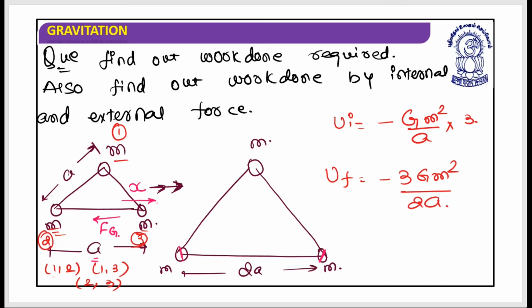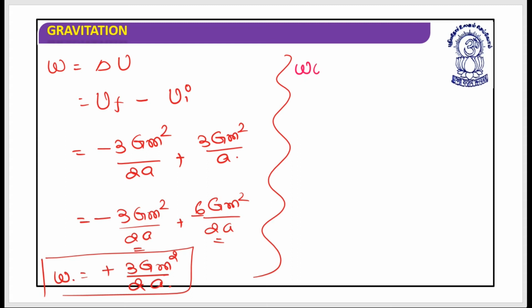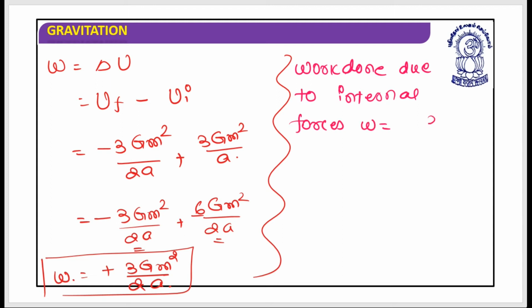So what I can write is the work done due to internal forces is 3Gm square by 2a, but in negative.